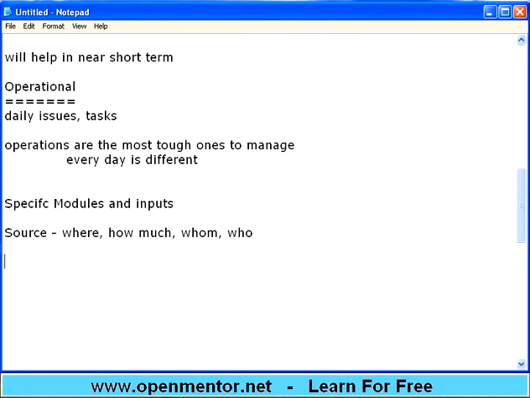Who, all these things you need to answer, because the location and the quantity, they play a vital role. So sourcing needs to happen in this. So in the sourcing module, what is very specifically required is the demands data.